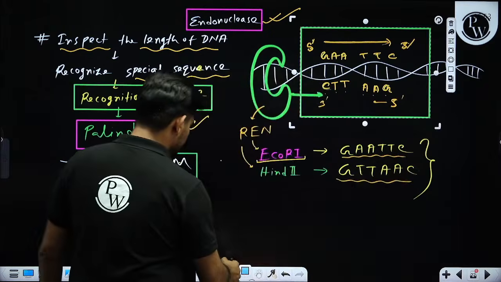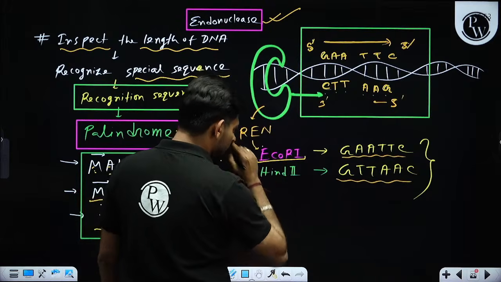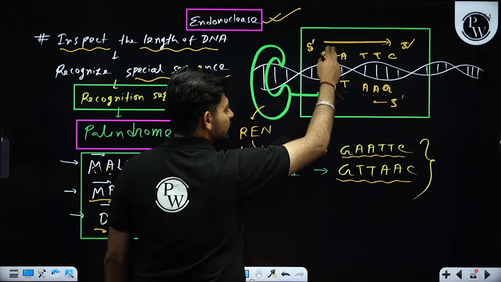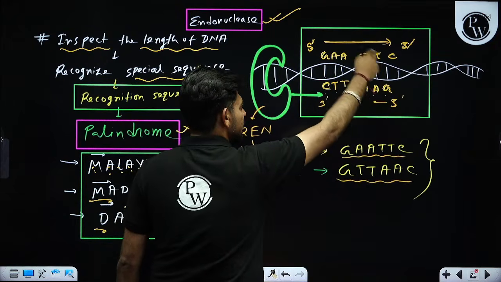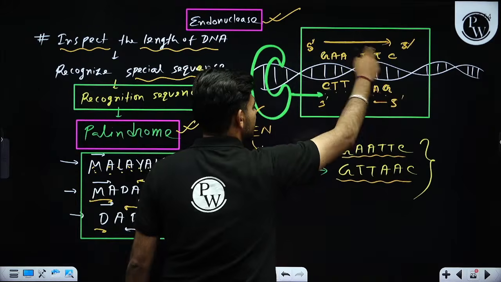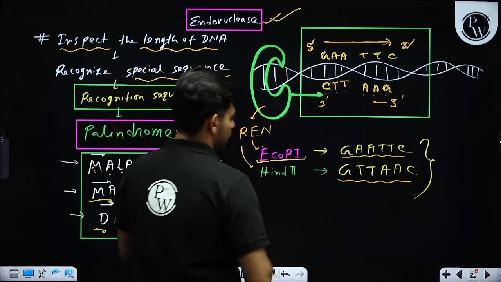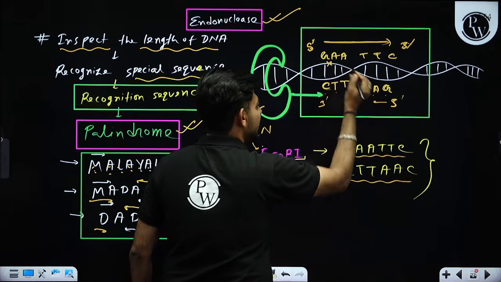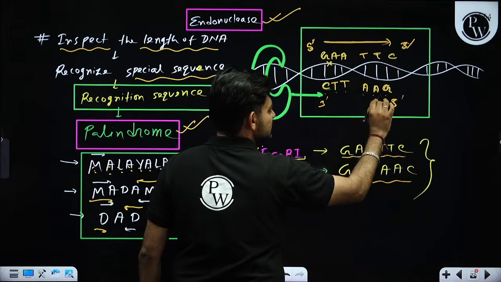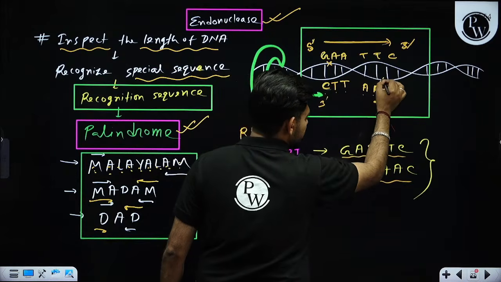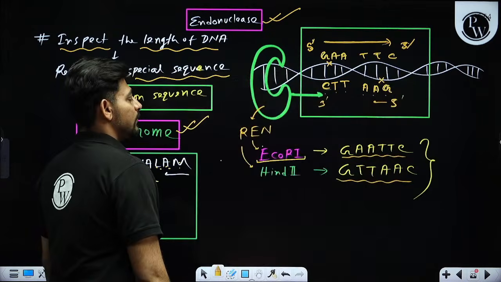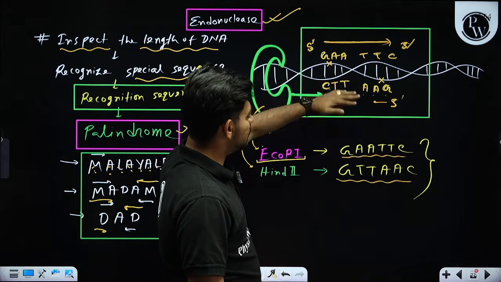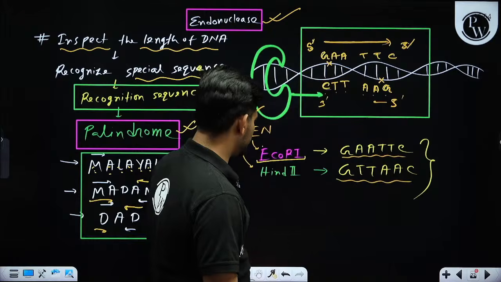EcoR1 cuts the DNA when it finds this particular palindrome, and exactly it will put a cut between G and A in the 5' to 3' direction, and in the 3' to 5' direction also between G and A, and thus it will separate two strands of DNA.